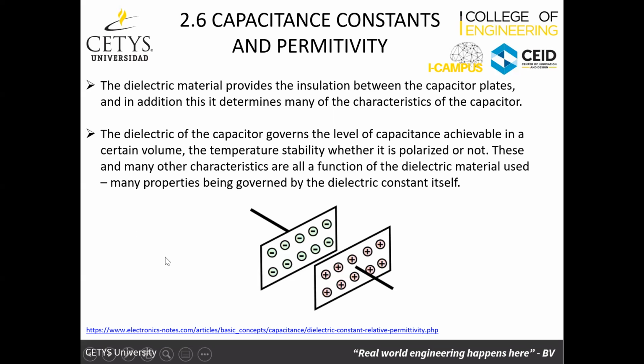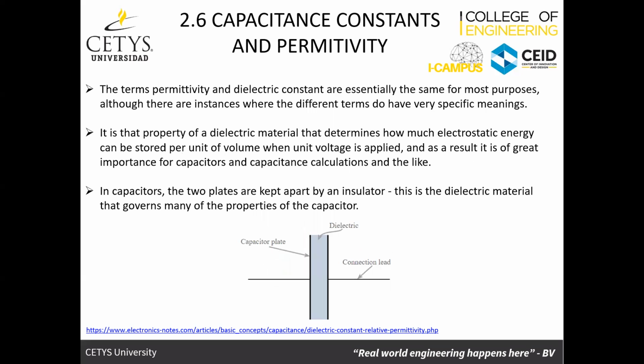And that permittivity is usually related to a material that we call a dielectric, or a dielectric material. That is the material that's the part in the middle of the sandwich of the capacitor. Whatever we put in the middle is called a dielectric material, and it is associated to a certain permittivity.